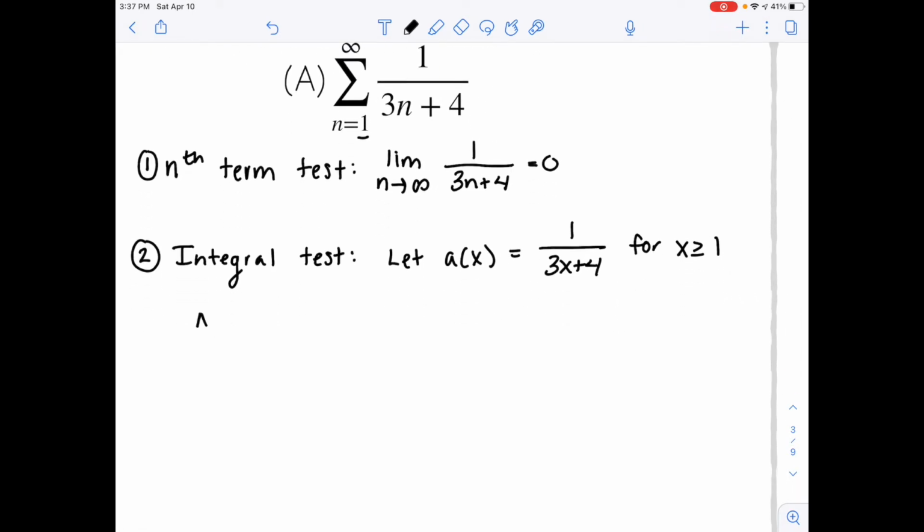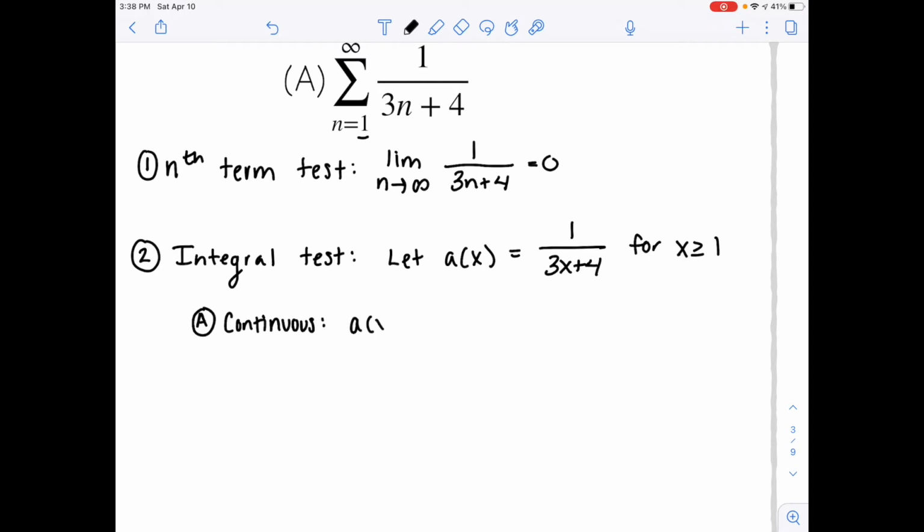The first thing we need to prove is that it is continuous. This is a rational function, so it's only going to be not continuous at a vertical asymptote for the x values. We know that this is going to be not continuous when x is negative 4/3, because that would make the denominator equal to 0.